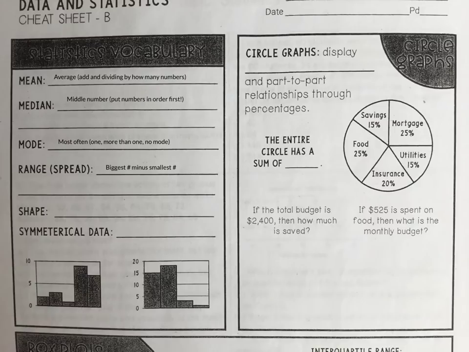Sometimes we describe the data using things like shape, spread, symmetry, all kinds of different things. So when you see some buzzwords dealing with shape, you may see things like clusters, where data is close together.